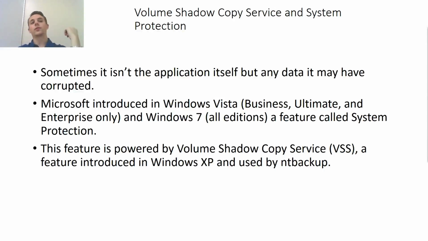So if, let's say, a business liked to do an incremental backup during the day in case their servers crashed in the middle of the day, then they wouldn't lose the entire day of work, they would only lose a half day of work. Then they could use VSS or a technology similar to it to make sure that they have the most up-to-date files.